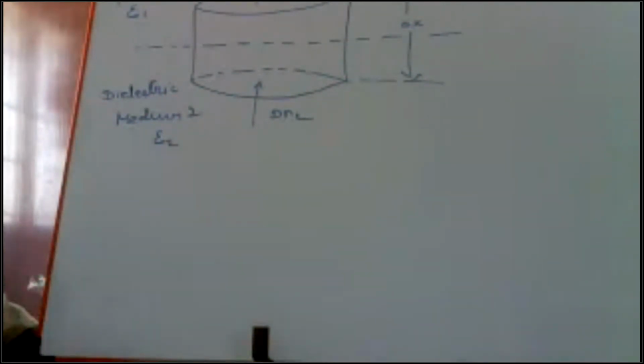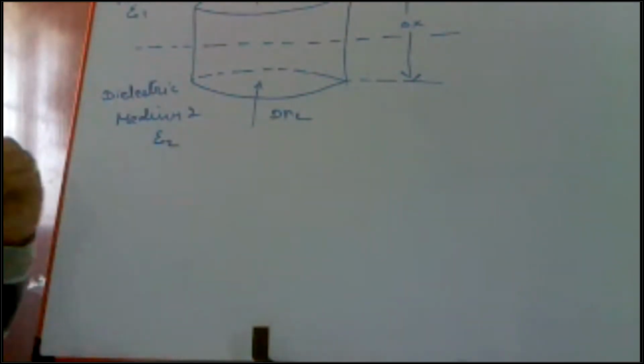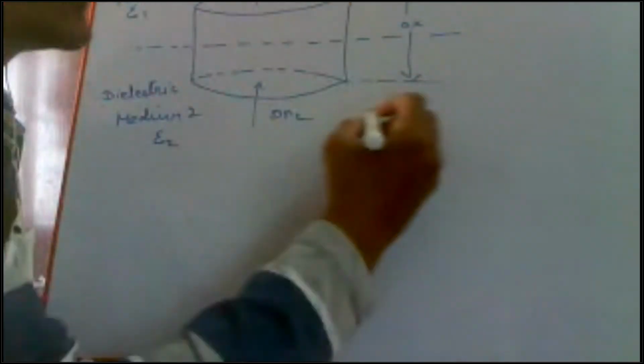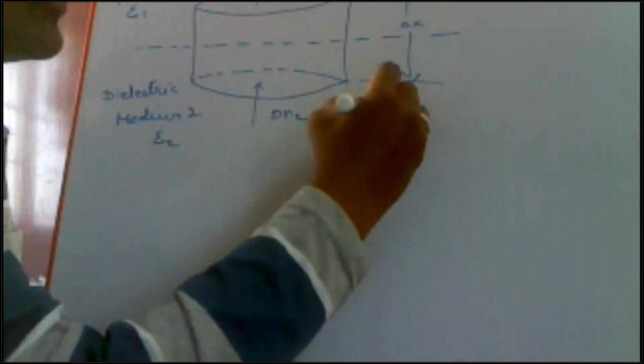Okay. Now, for the proof, I am going to apply Gauss law to this particular pill box. So what is Gauss law? Gauss law என்ன சொல்லுதுங்க? D is equal to psi by A, or I can say Q by A. இல்லையா?